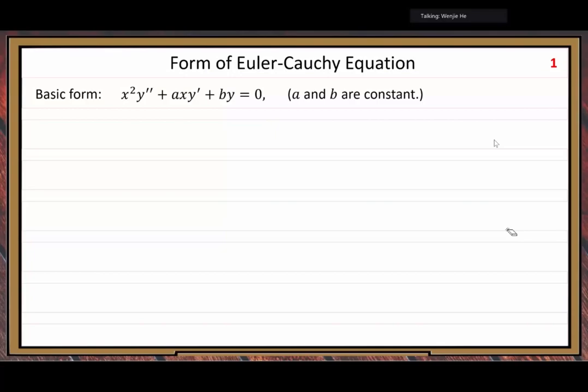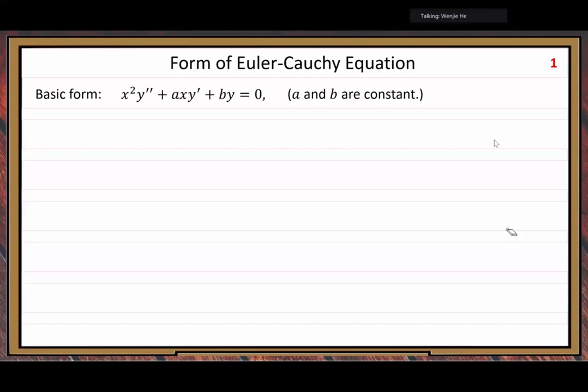Look at the basic form here: x squared times y double prime plus a constant times x and y prime plus b constant times y. You can see this equation is very special. There is some physical background behind it.